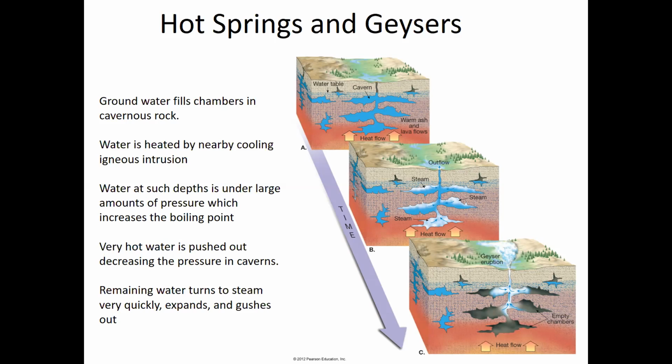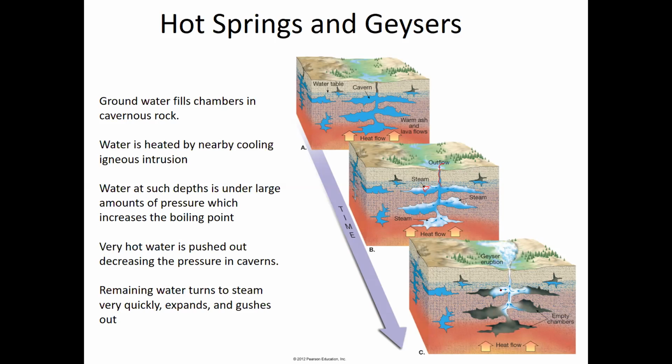Whenever some steam starts to form, the water takes up more space as a vapor than it does as a liquid, and so it expands and pushes some of the water out in this inertial burping out of the water. Whenever that water is burped out, it reduces the pressure in the rest of the water, and that reduction of pressure allows the rest of the water to vaporize very quickly.